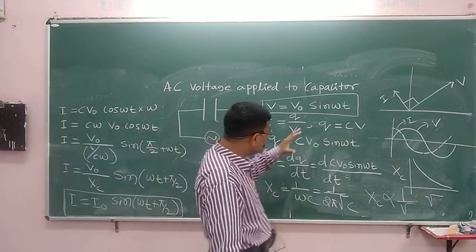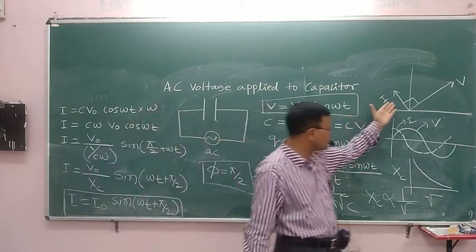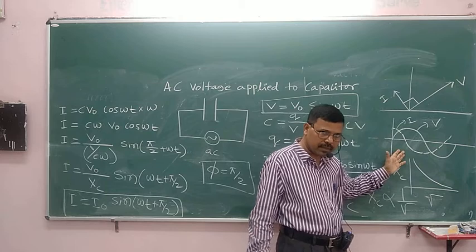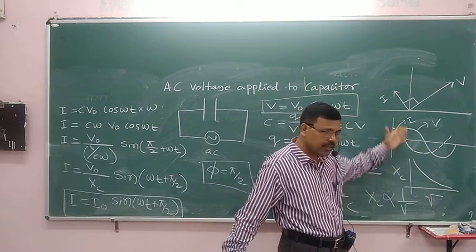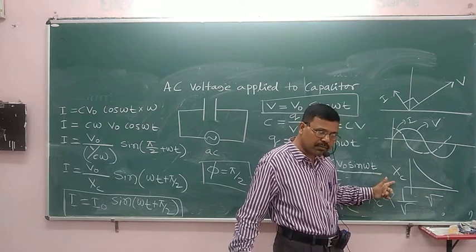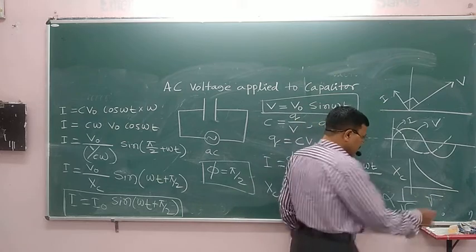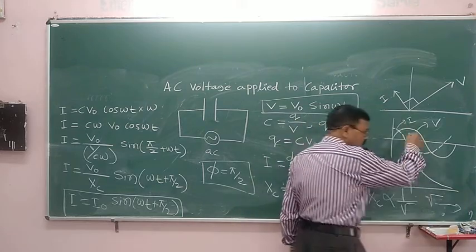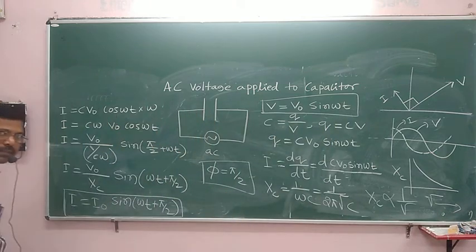We also showed that phase relationship using the phasor diagram and the wave diagram. As the current leads the voltage by 90 degrees, they are shown here. And there is one frequency graph: as the frequency increases, the capacitive reactance decreases because they are inversely proportional.